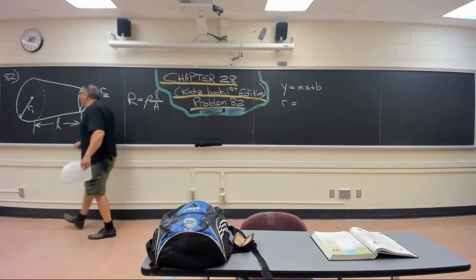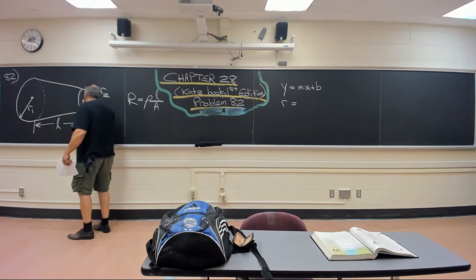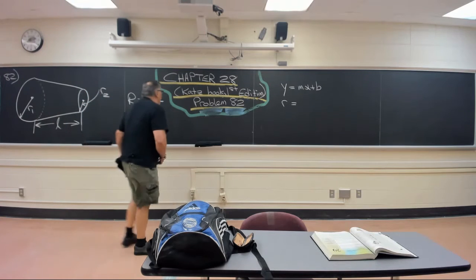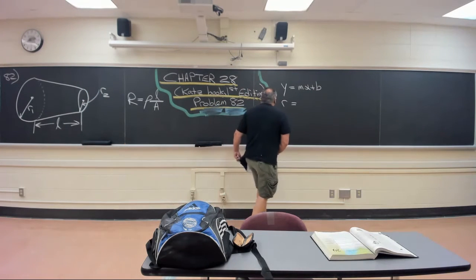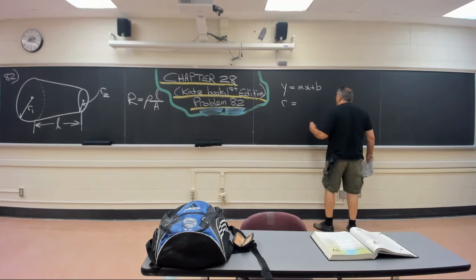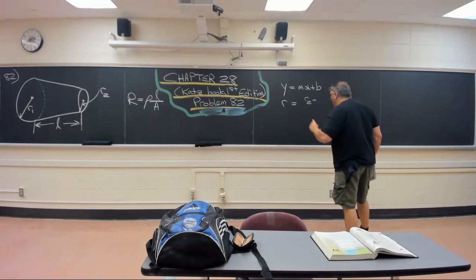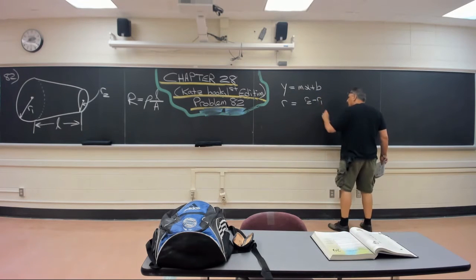Well, the radius drops from a radius of R1 down to a radius of R2. R2 is small, R1 is big, so this is going to be a negative slope. Yeah, it's getting smaller. Negative slope, it keeps getting smaller. Over L, that's the slope of this thing.